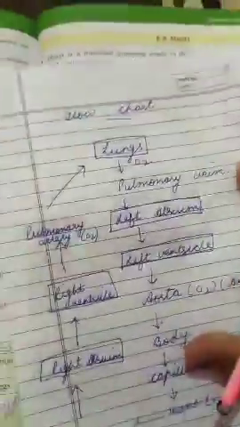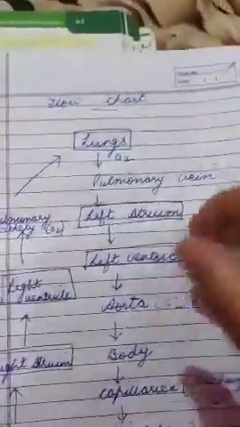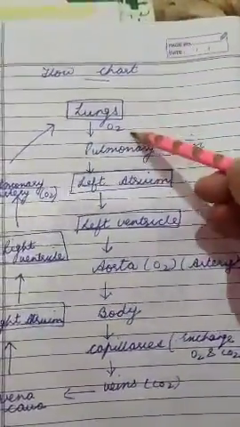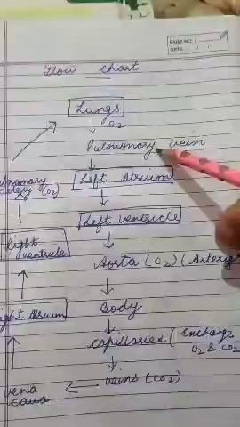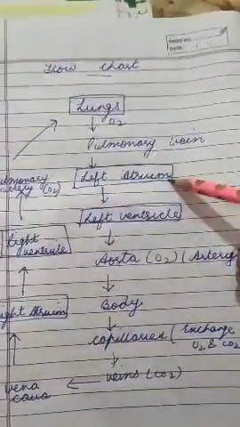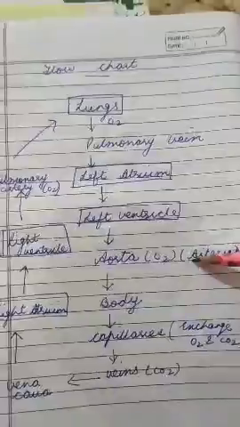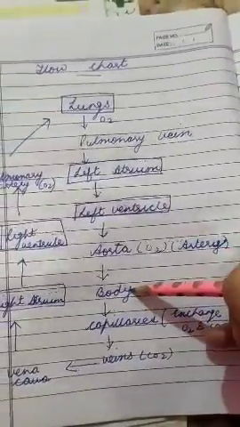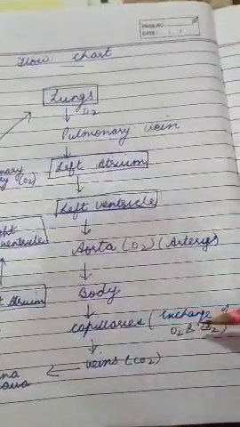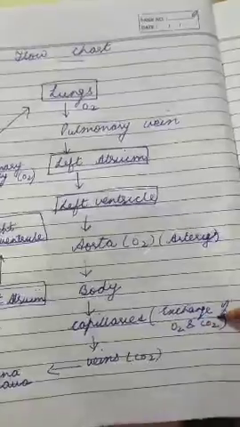Hope you understand. Now I will show you the flow chart so you can understand it properly. From the lungs, oxygenated blood comes through the pulmonary vein to the left atrium, to the left ventricle, then the aorta, and from the aorta to all parts of the body, then through capillaries where exchange of oxygen and carbon dioxide takes place.